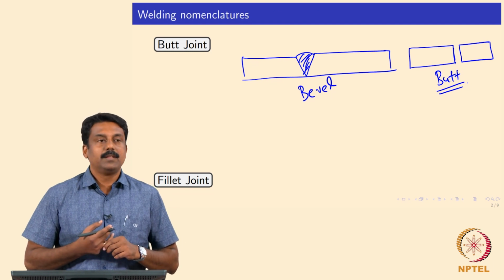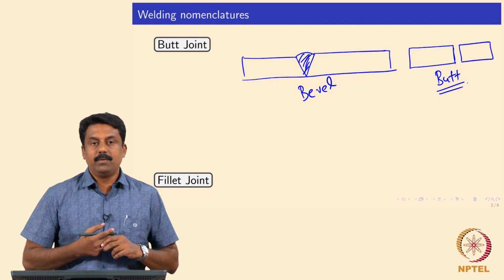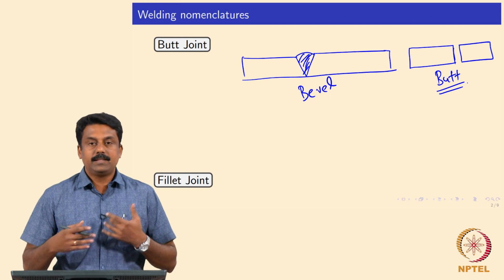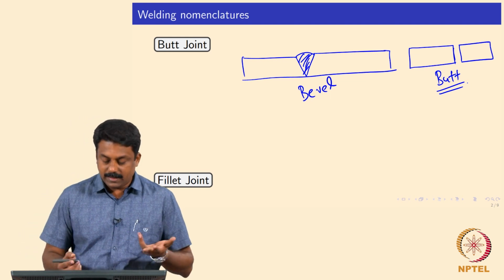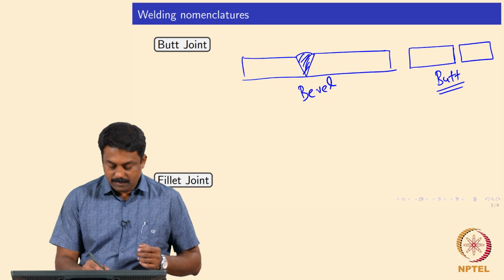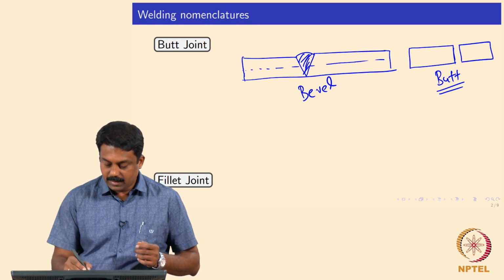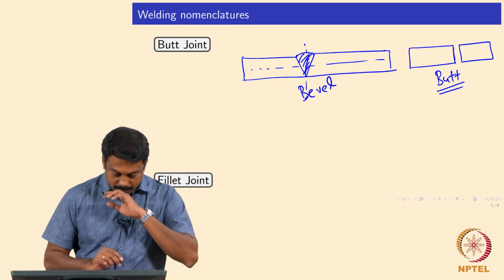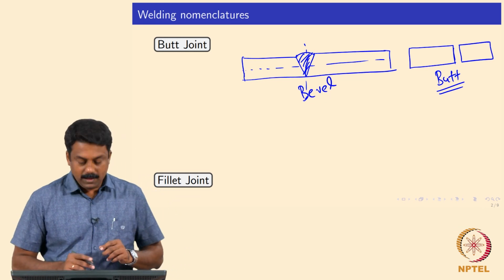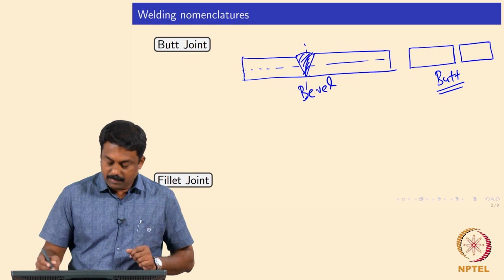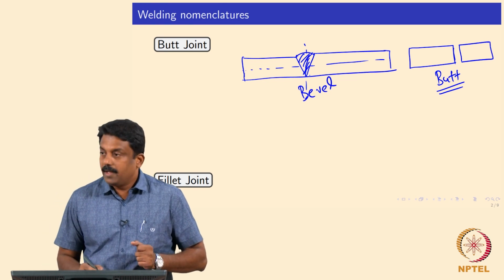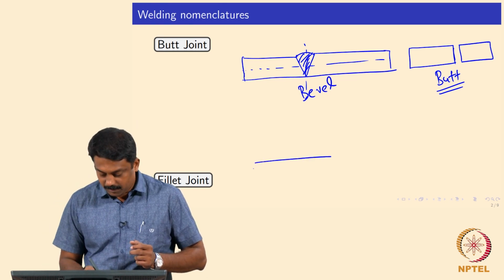Generally we use the term fillet joint when the weld center line and the thickness are not exactly perpendicular. For example, in this case the weld center line, the thickness and the surface are all coplanar. In a butt joint the weld thickness and weld center line are exactly perpendicular, whereas in a fillet joint we make joints, for example, in overlap configuration.